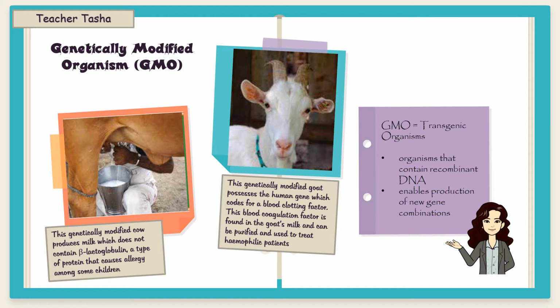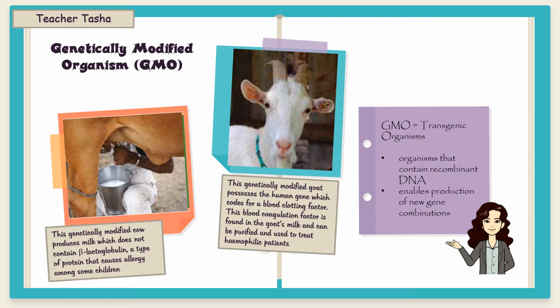Examples of GMO are mainly crops and livestock, which are genetically modified to increase their quality and yield. And in most cases, these GMOs have been altered by inserting genes from the DNA of another organism such as bacteria, plants, viruses, or animals.